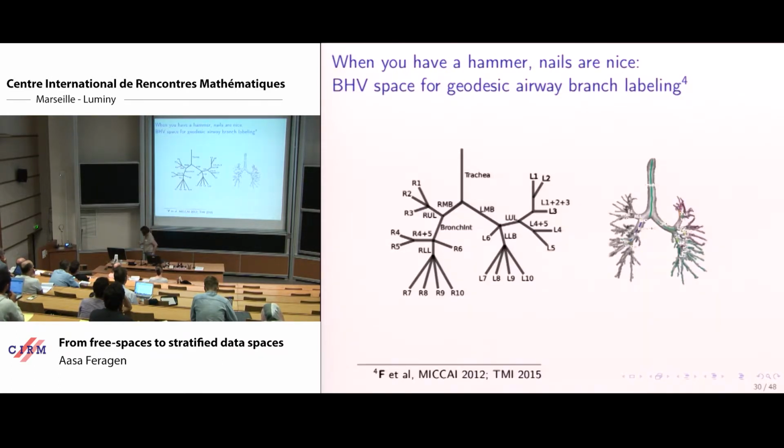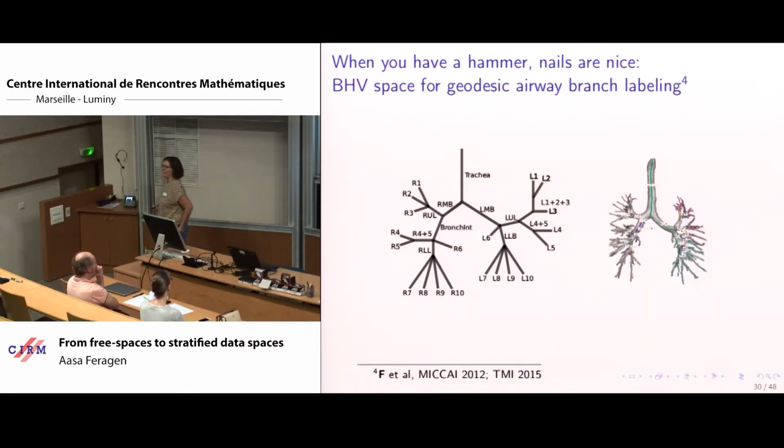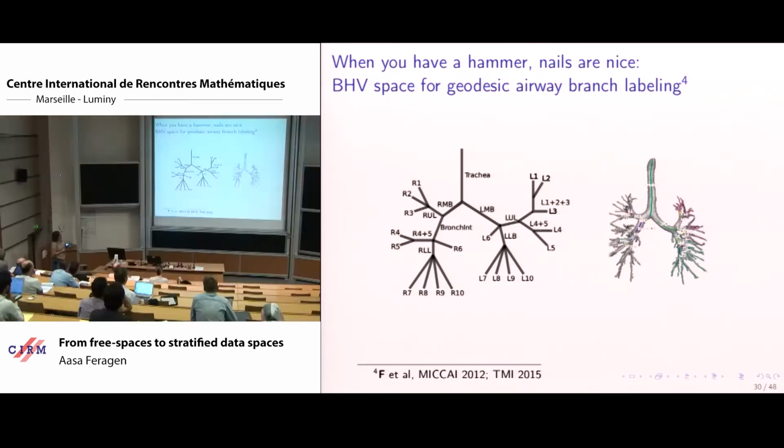So this gives me a hammer or a tool, and if you have a particular tool like a hammer, well, you're bound to think that nails are nice. So looking at the problems I had with the more general tree space, where I could not compute geodesics, it's very tempting to try to bring it into this sort of a framework.